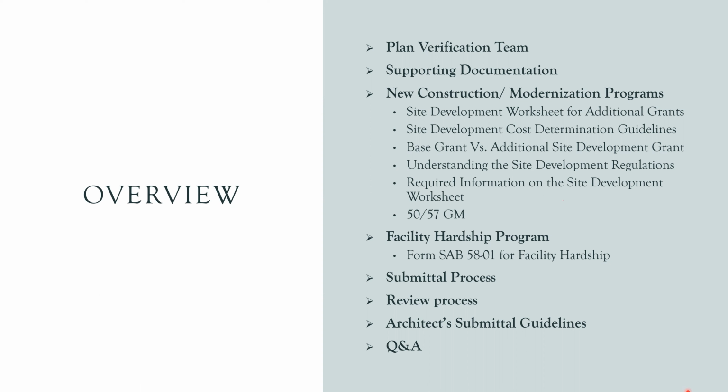And then we're going to go over the 50 and 57 GM form. Under the Facility Hardship Program, we'll talk about the SAB Form 5801, the submittal process, review process, and architect submittal guidelines, and like Brian said, at the end, we'll have some time for questions or comments.